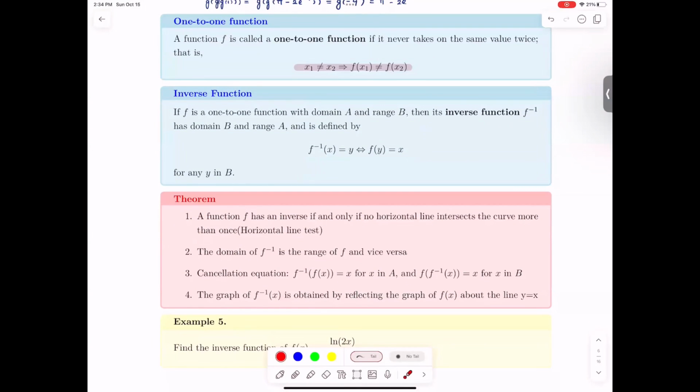As a 102 preview, guys, if this is the definition of a one-to-one function, what is the contrapositive of this statement? Contrapositive. You guys remember what contrapositive is? That's correct.